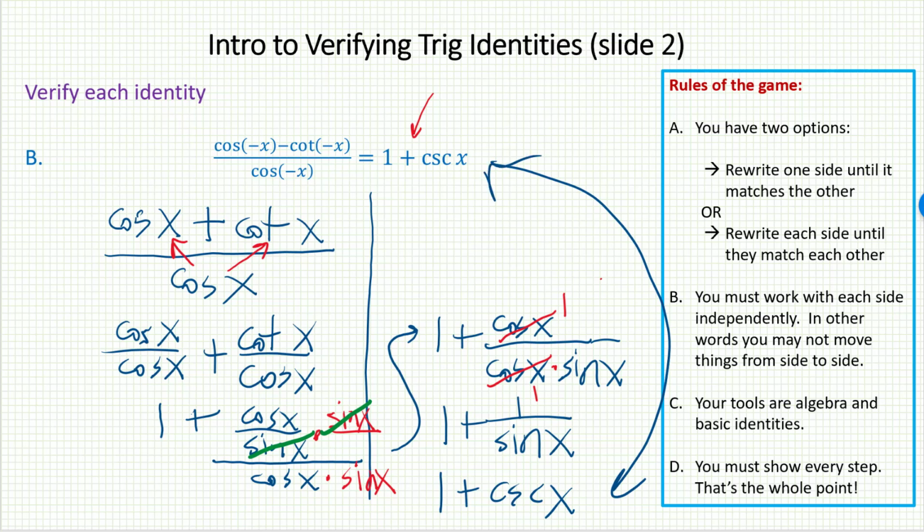That means we have verified our identity by rewriting one side until it matched the other. Again, we already essentially knew the answer here. The point of these problems is for you to demonstrate your ability to use basic identities and algebra step by step by step to obtain a desired result.